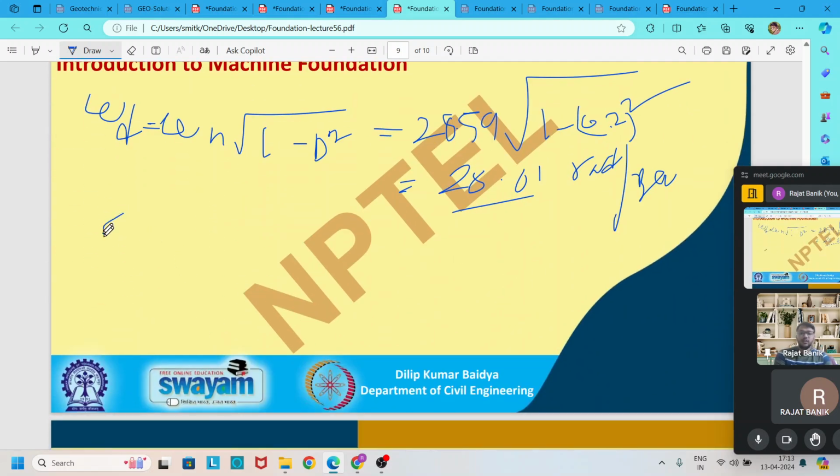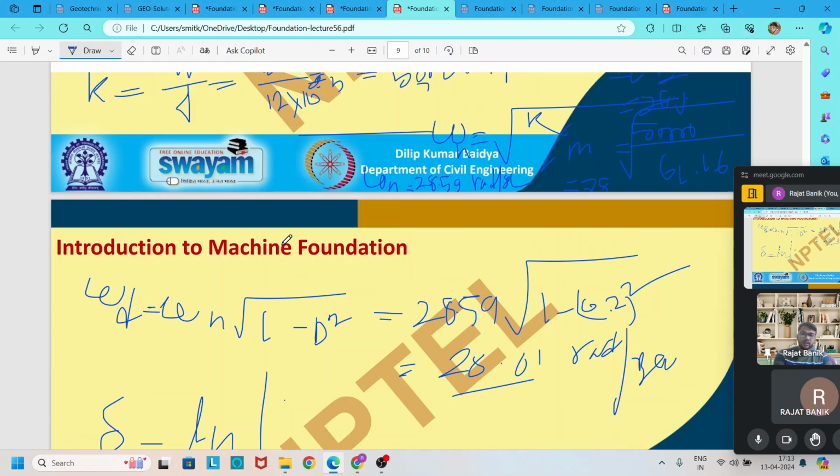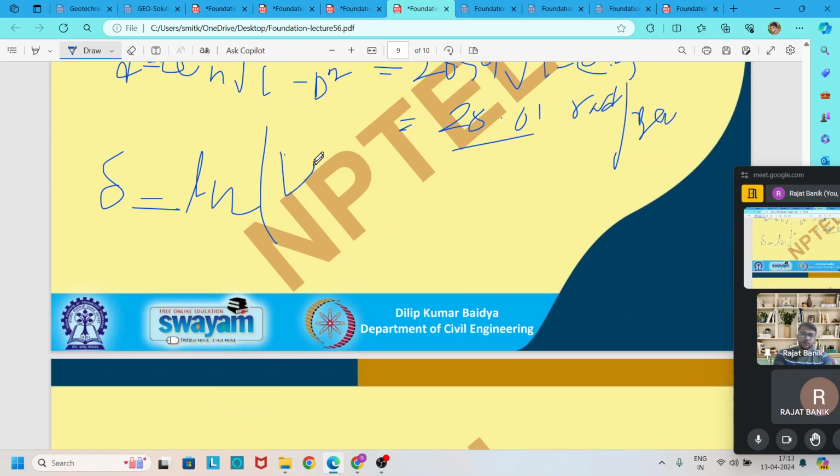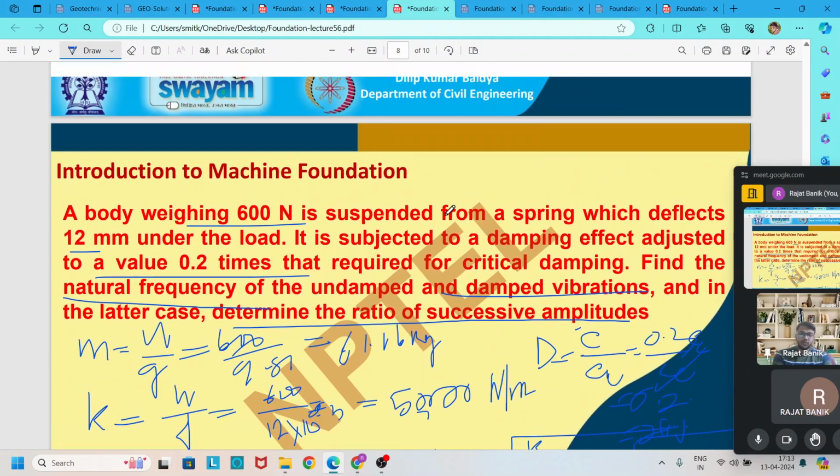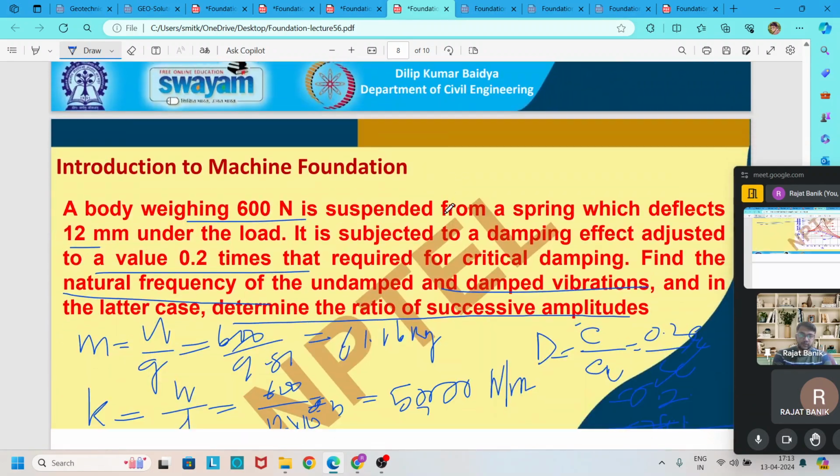So it is said that the logarithmic decrement delta is given as the logarithm of the ratio of the successive amplitude, which we can say u1 by u2, which is further equal to 2 pi into d. So you see that this.